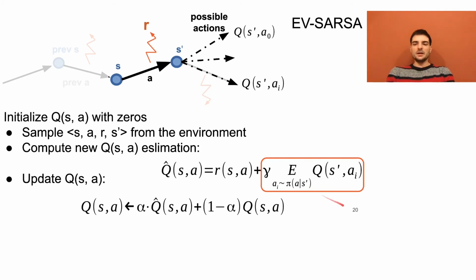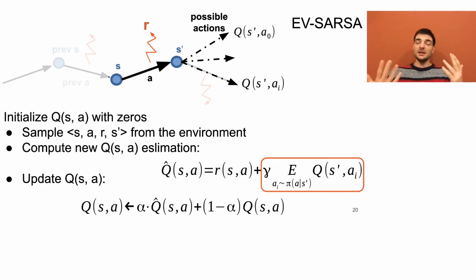Let's compute the expected value of our Q function according to our policy. So the Q function of action 0 will be weighted with the probability of action 0, the Q function of action 1 will be weighted with the probability of action 1 from our policy, and so on. After that, we use the same update.